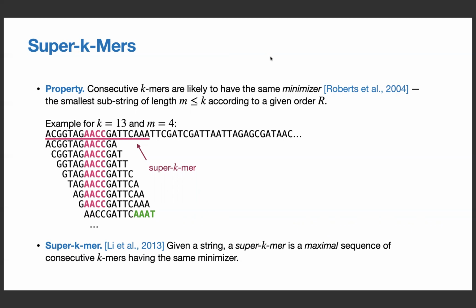Suppose that AACC is the minimizer, and R in this example is just the simple lexicographic order. As you can see, all of these k-mers in sequence share the very same minimizer. I'm going to say that a maximal sequence of consecutive k-mers having the same minimizer is a super k-mer. In this example, this underlined sequence is the super k-mer.